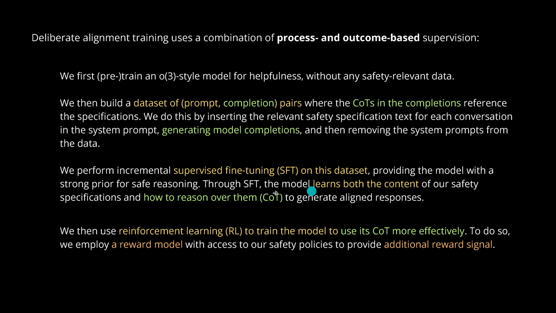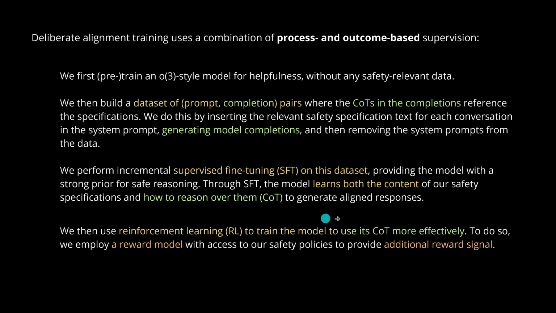And then they say, hey, we use reinforcement learning now to train the model to use its chain of thought more effectively. And to do so, we employ now the reward model of reinforcement learning, which has access to the safety policies, of course. And now this reward model, hopefully an external model, is able to provide an additional reward signal.